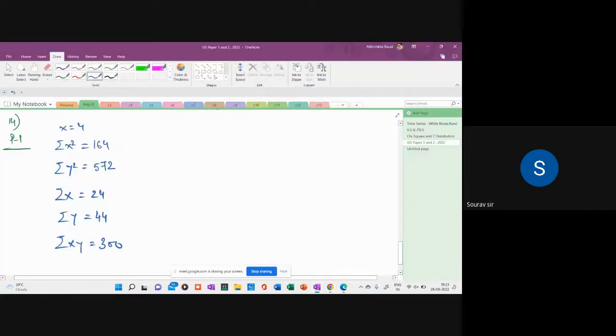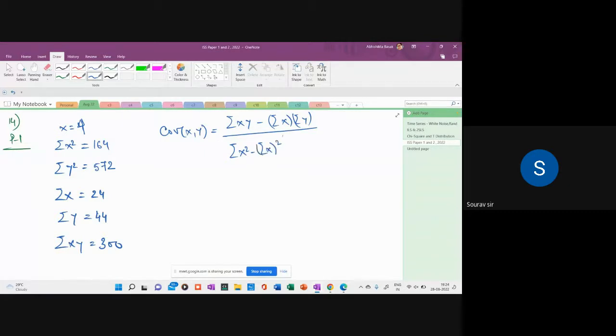So first we need to find the covariance. The covariance formula will be, so covariance of xy will be summation xy minus summation x summation y, by summation x square minus summation x whole square, summation y square minus summation y whole square.